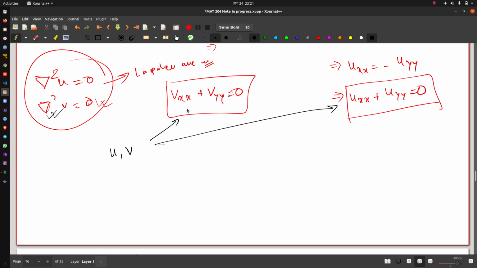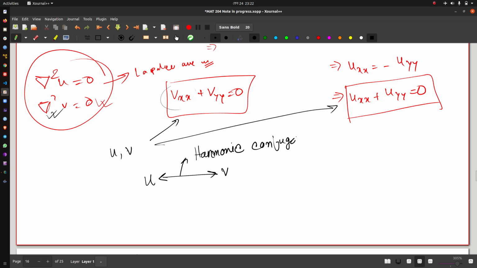Now these are also called harmonic functions, as I mentioned before, and if you can find such u and v, they are called the harmonic conjugate of each other.